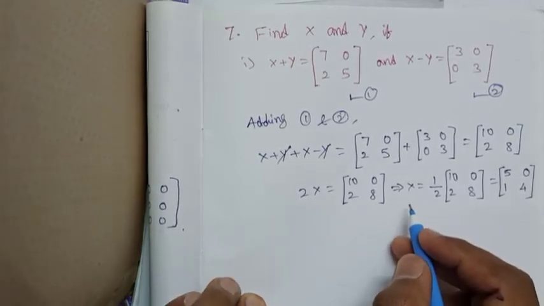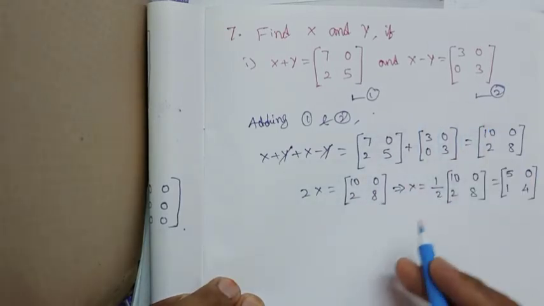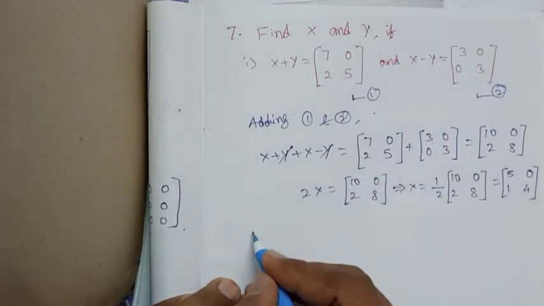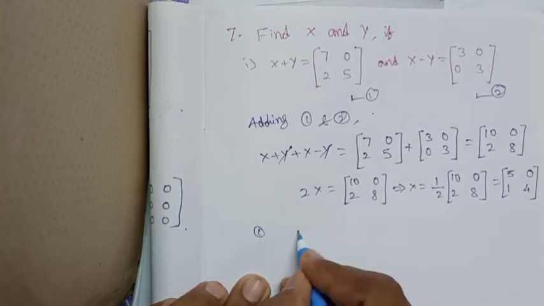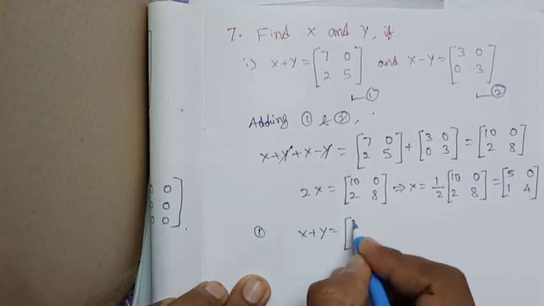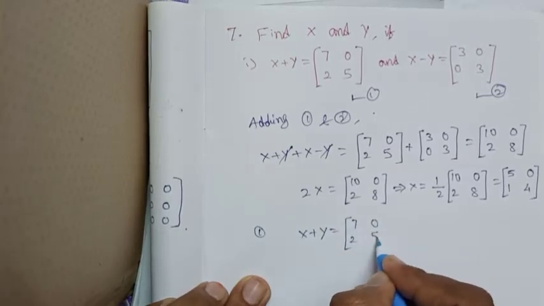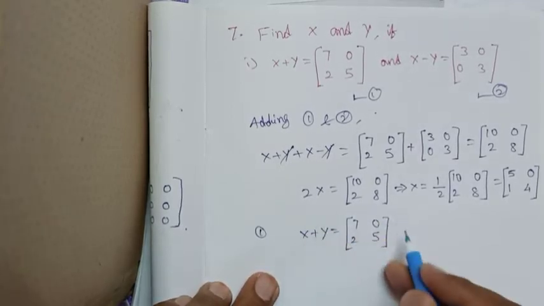Next we can find the y matrix. We use equations 1 and 2, and substitute the x value. So I consider equation 1, that is x plus y, which is equal to 7, 0, 2, 5. We need the y value. So we shift the x value to the right side.